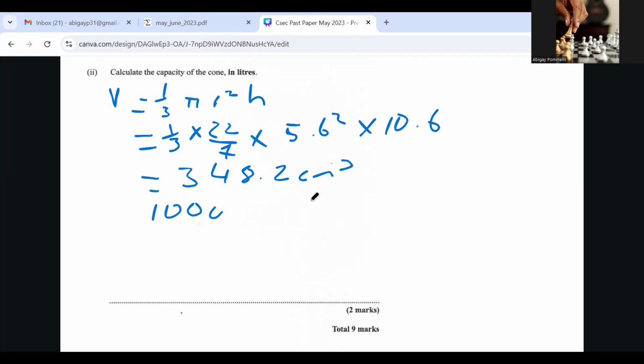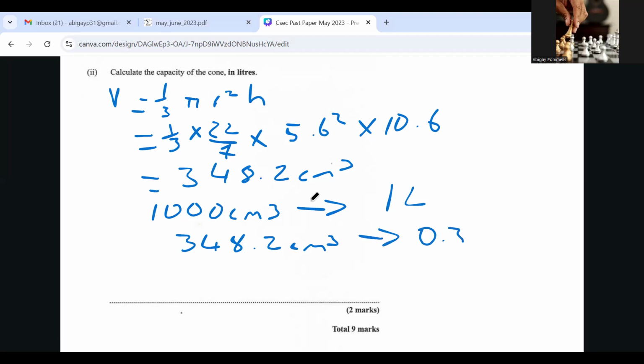Those who take medicine will know that 1,000 centimeter cube equals 1 liter. And we have only 348.2 centimeter cube. That would be about 0.3482 liters. And that's our answer right there.